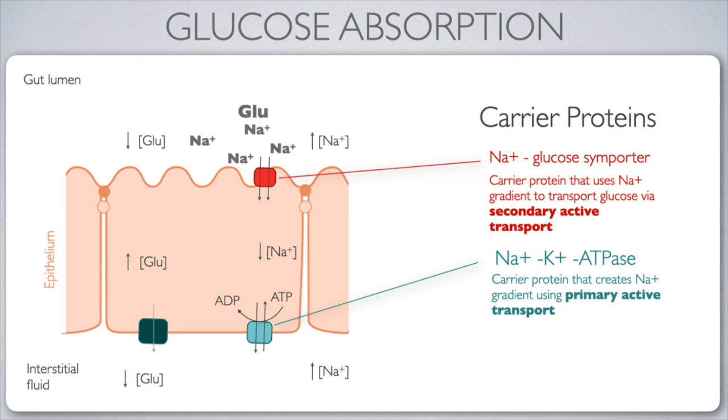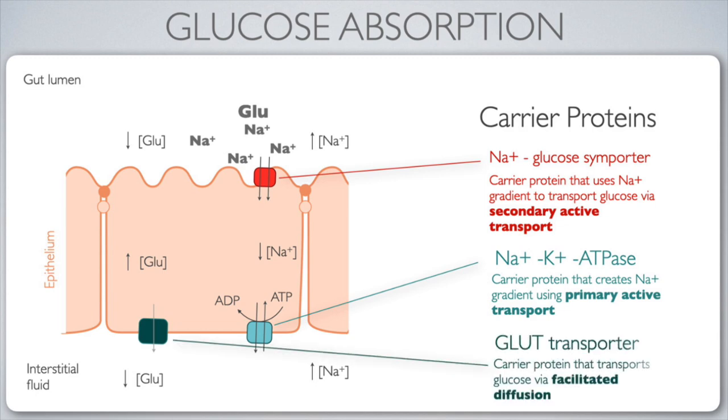So it's not directly hydrolyzing ATP, but it's just using the product of ATP, that is the sodium gradient, in order to transport glucose against its concentration gradient. And then finally, we have this GLUT transporter, which just uses facilitated diffusion to allow the glucose to transport. So you see among carrier proteins, there are three ways of generating and capitalizing on energy in order to transport molecules.